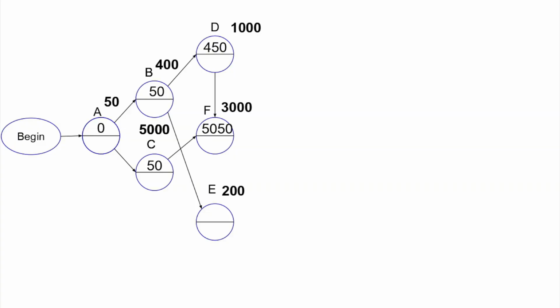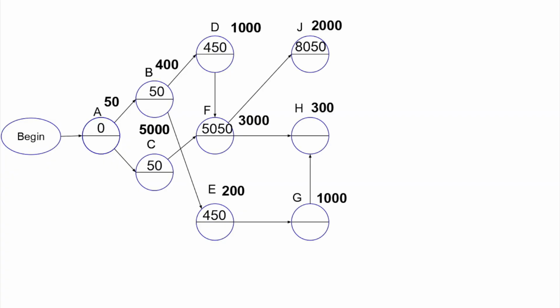So since C has a greater length than D, 5,000 to 1,000, the path to F is A plus C, which is 50 plus 5,000, so 5,050. The last node is E. It only has one arrow, and its path is A plus B, so its time is 400 plus 50, so 450. We apply the same process to the next three nodes, J, H, and G.